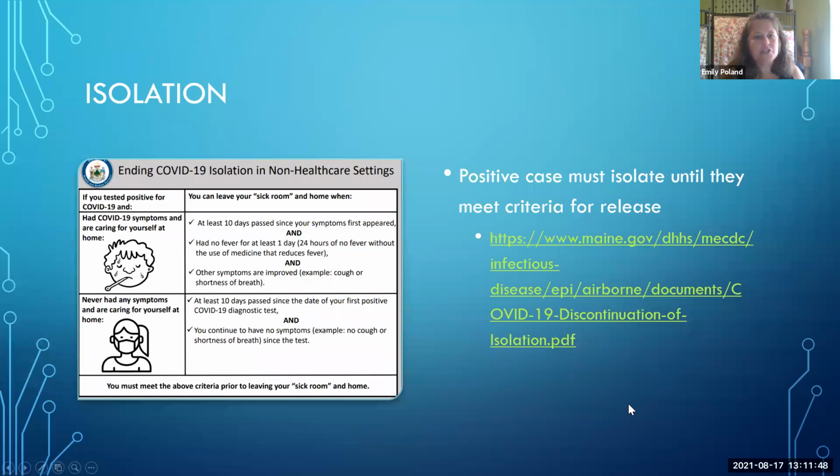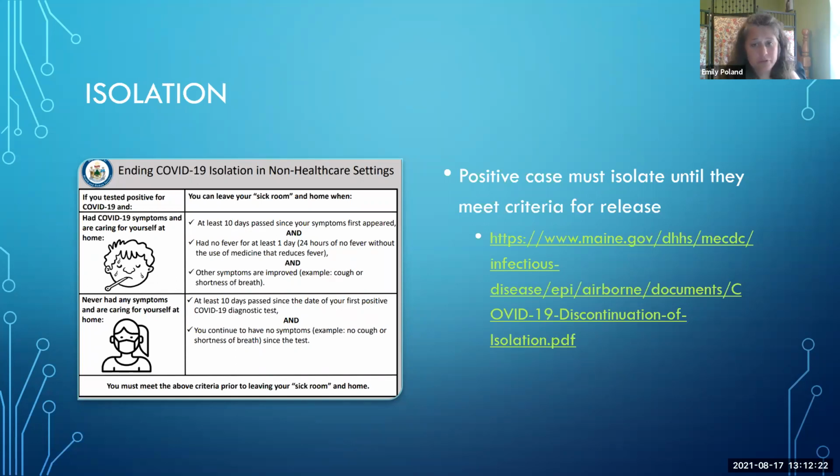Now with isolation, your positive case will need to isolate until they meet the criteria for release. The criteria are in this visual that Maine CDC has created, and the link to it is right in the slide. It probably looks very familiar to many of you, but the isolation ends when at least 10 days have passed since your symptoms first appeared, and you have no fever for at least 24 hours, and the other symptoms have improved.